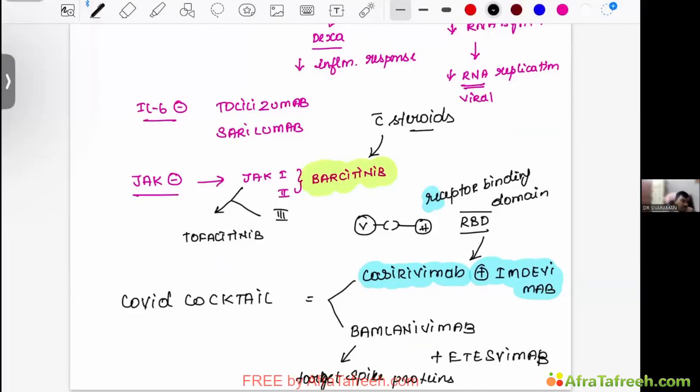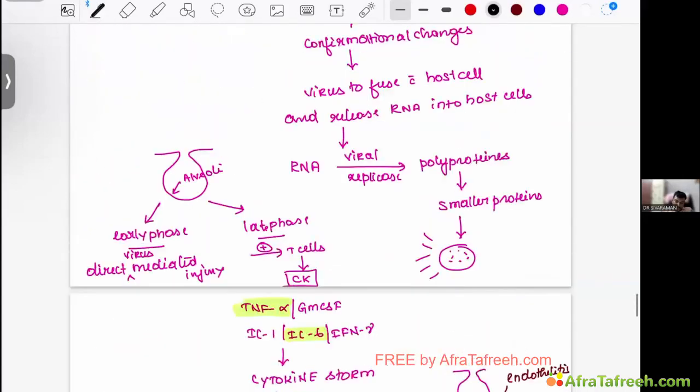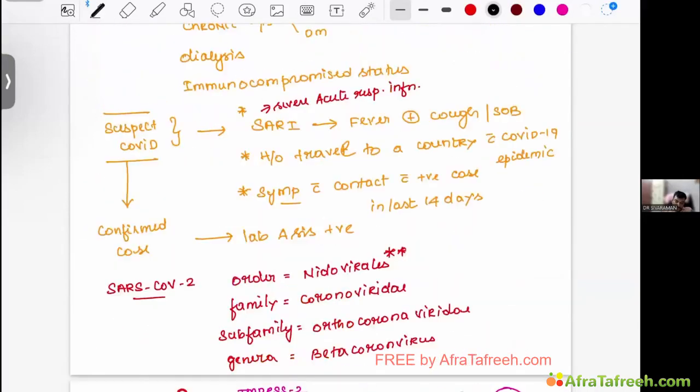4 days. Okay. Now, the virus responsible for COVID-19 belongs to which family of coronavirus? Alpha, beta, gamma, delta. It is beta.